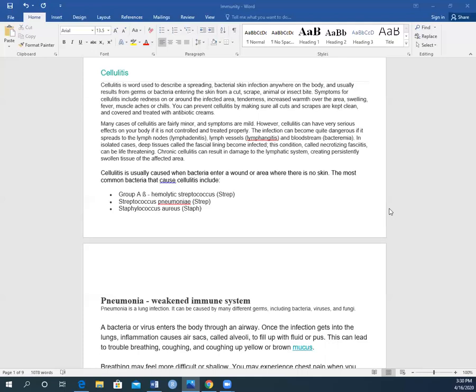Inflammatory response. Your inflammatory response should be working just fine. It shouldn't cause any issues. If you have diabetes or you're immune compromised, this could affect some of the inflammatory response, but usually your inflammatory response works just fine.